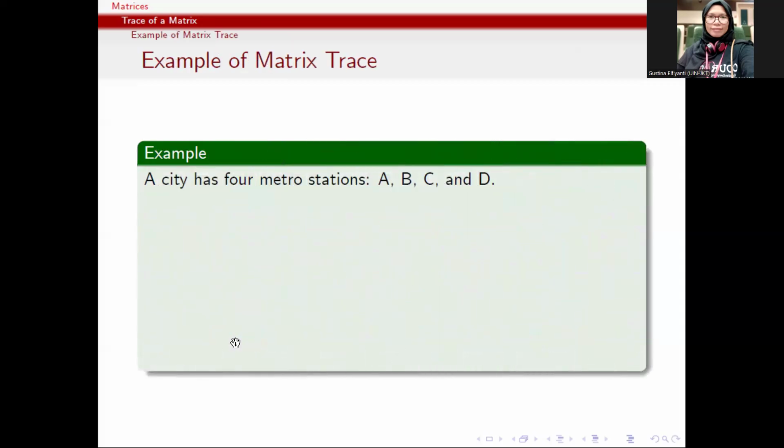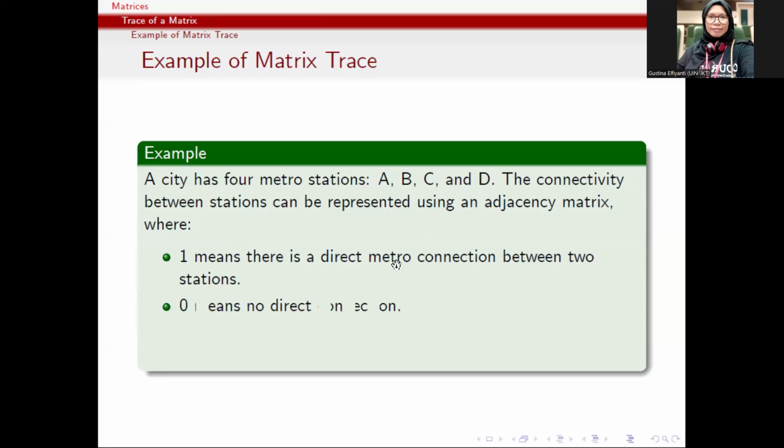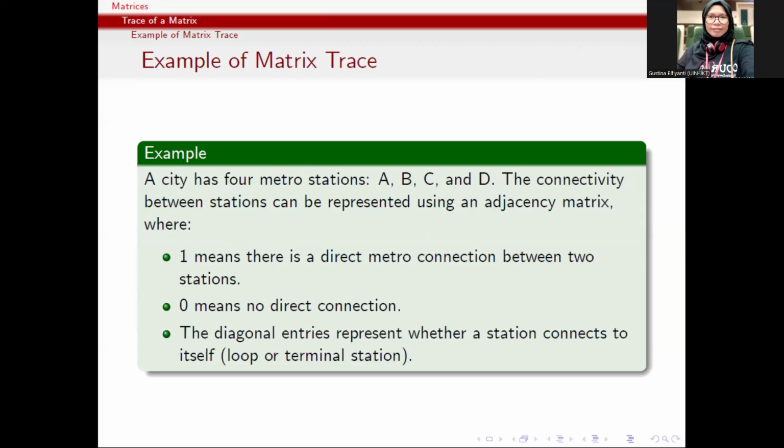Now we see an example of applications. Let's say a city has 4 metro stations, A, B, C, and D. The connectivity between stations can be represented using an adjacency matrix where 1 means there is a direct metro connection between 2 stations, and 0 means no direct connection.